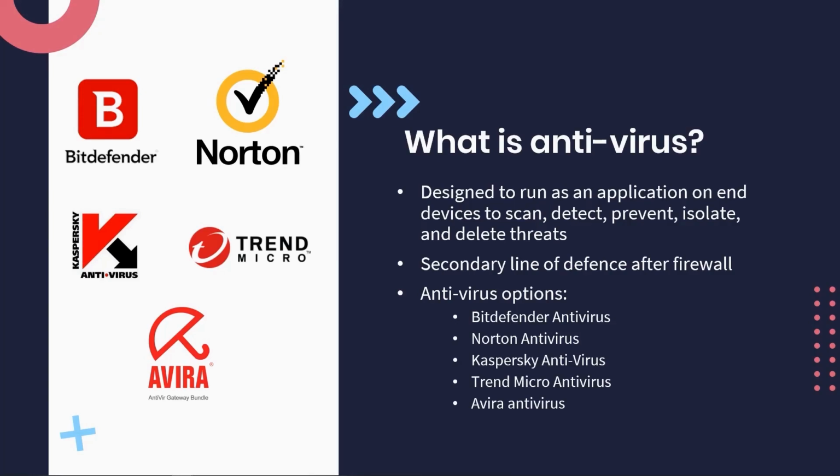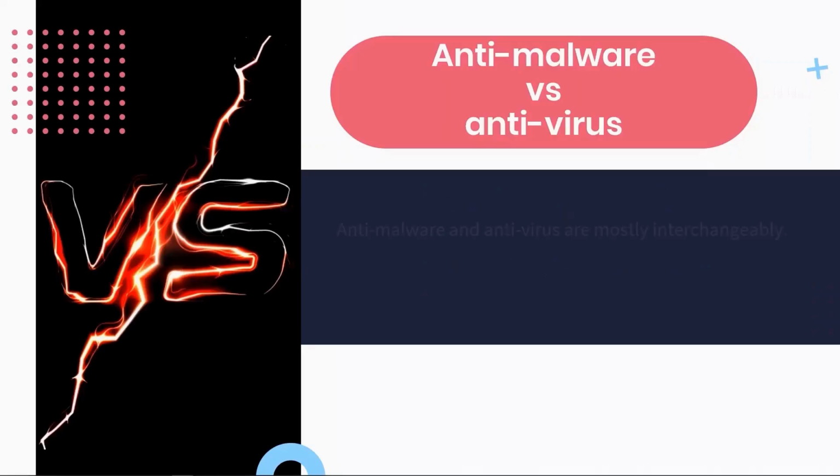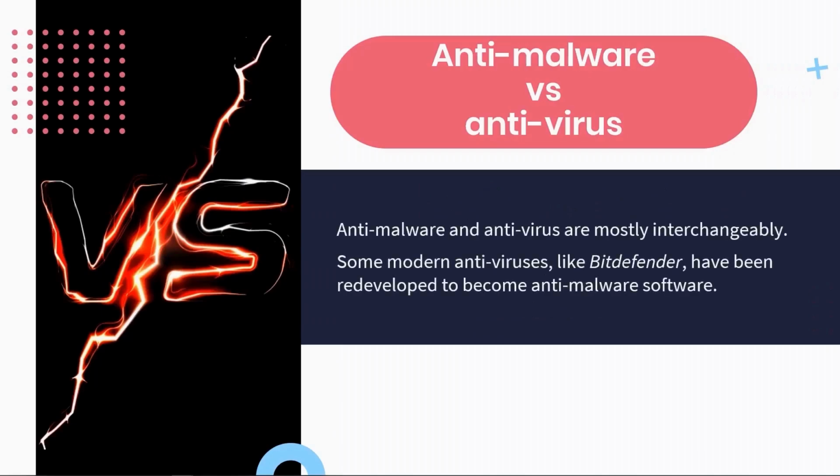A good antivirus will be able to detect known malware on files and the system. Anti-malware and antivirus are mostly interchangeable. Some modern antiviruses, like Bitdefender, have been redeveloped to become anti-malware software.